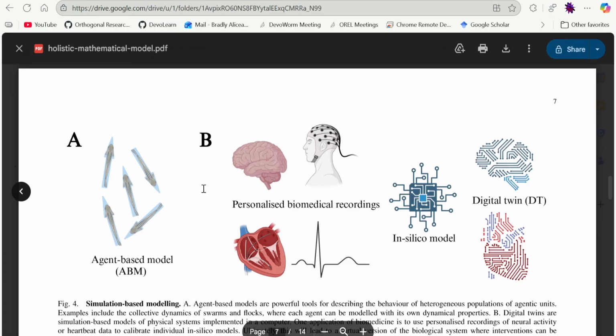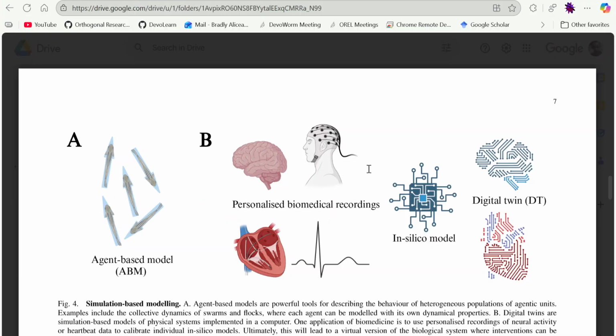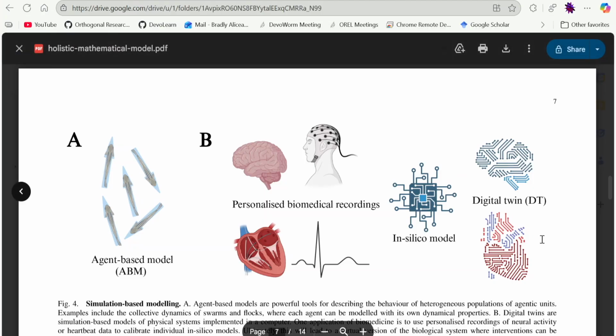And so we can use simulation-based modeling, agent-based modeling, and personalized biomedical recordings, using an in silico model to look at those recordings, and then building what they call digital twins of the process. So you have two things here: data informing high fidelity models, and then agent-based models, which give you this possibility space. So you can use the digital twins and simulate them in the agent-based model to give us the possibilities within our system.